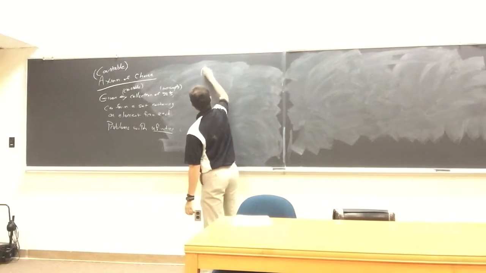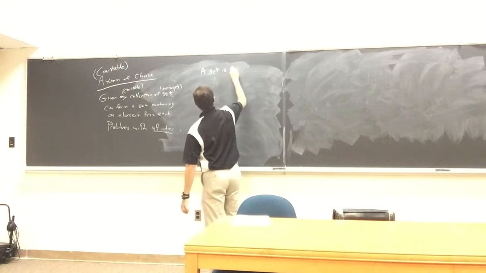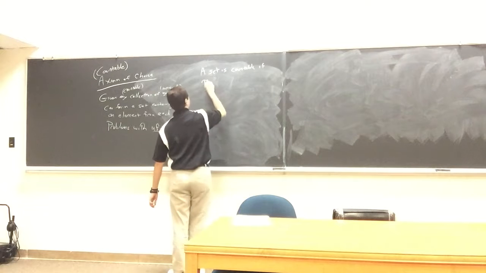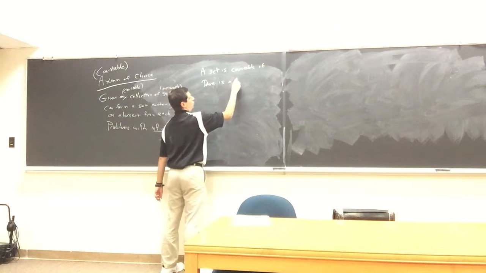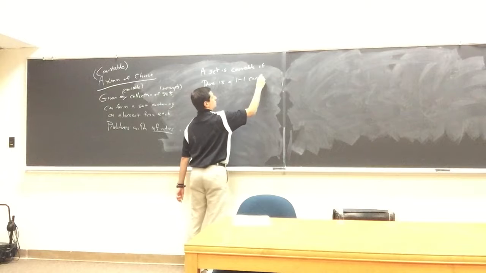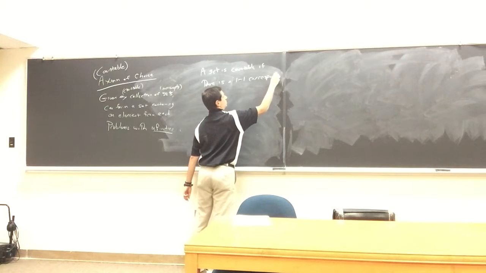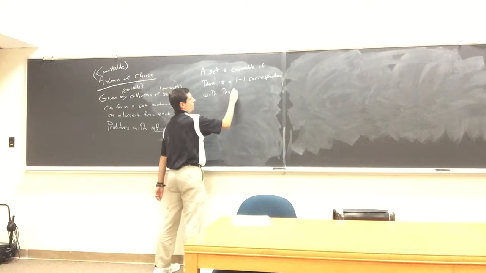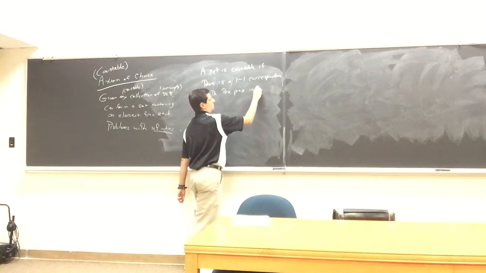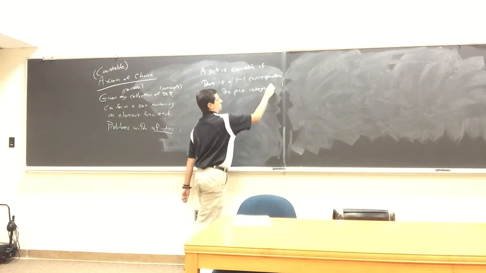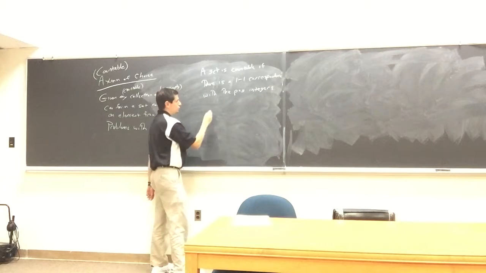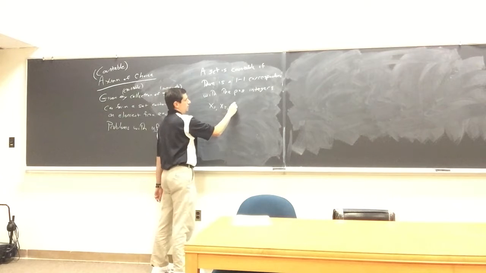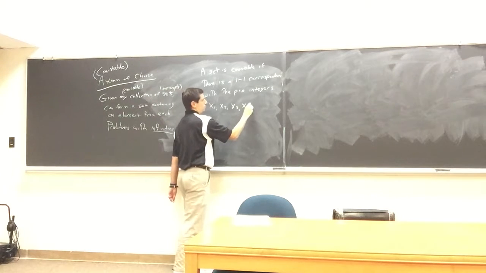So a set is countable if there is a one-to-one correspondence with the positive integers. So a nice way of saying it then is I could write my set x1, x2, x3, x4.